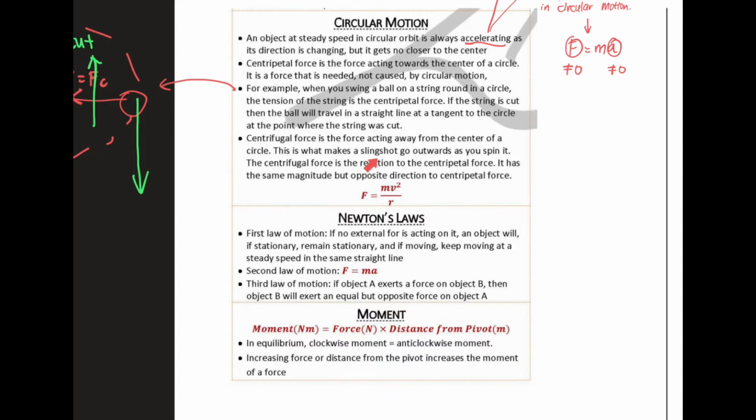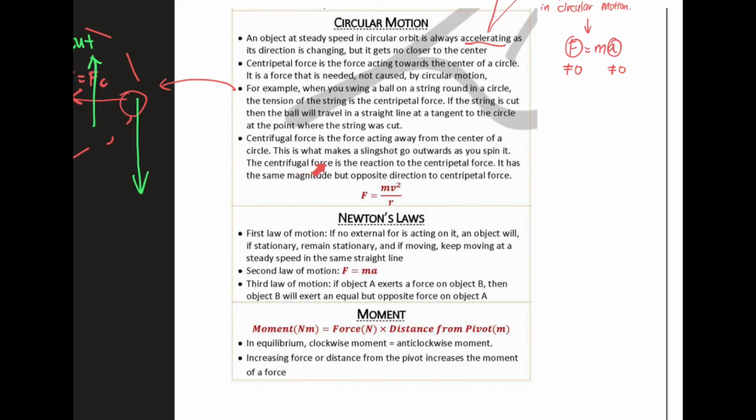Have you heard before of a slingshot? Something with an elastic thing, right? It's like a catapult. So you know that.